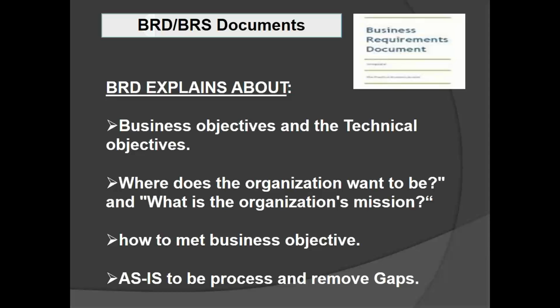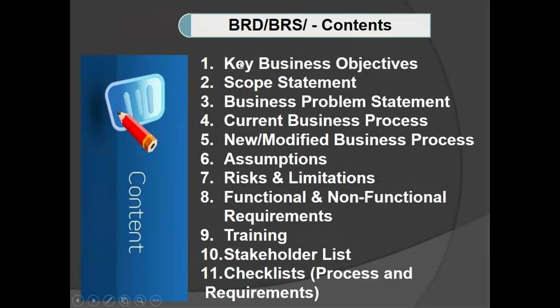Just like SRS, this BRD also contains some sections: key business objectives, scope statement, business problem statement, current business process, new and modified business process, assumptions, risks and limitations, functional and non-functional requirements, training, stakeholders list, checklist. So all these are the contents.